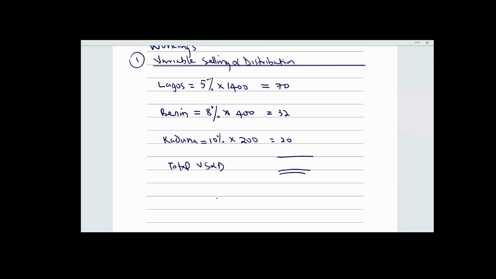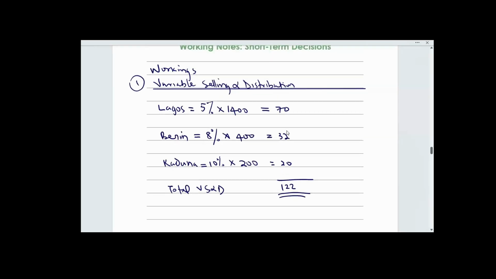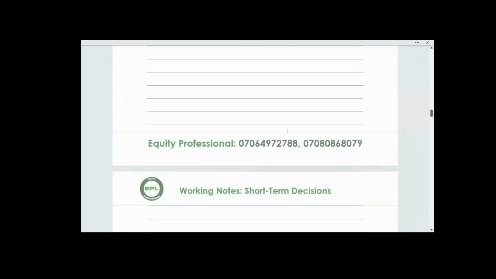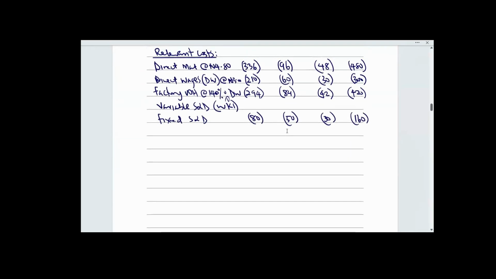That's 122,000. So let's go and post. Variable selling, here is 70,000, 32, then 20, and we got 122,000.